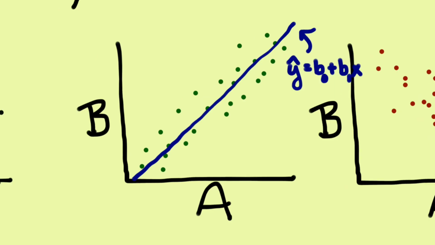Okay, so this line will be used to predict values of y. So say our a variable is time, and our b variable is money.